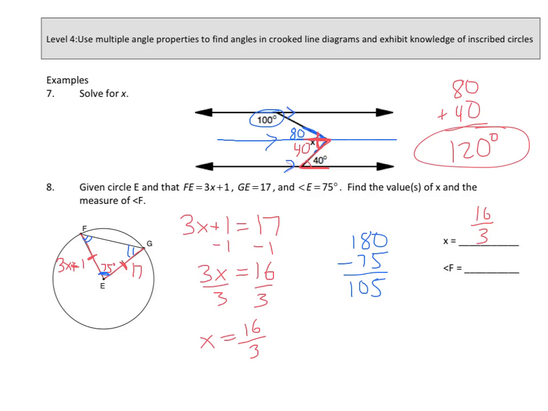And that 105 has to be split evenly between angle F and angle G. So now I can do 105 divided by 2, and I get 52.5 degrees. So both angle F and angle G would be 52.5 degrees. So my answer here is 52.5 degrees.